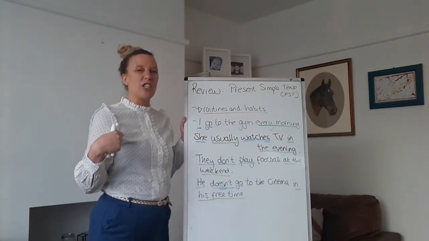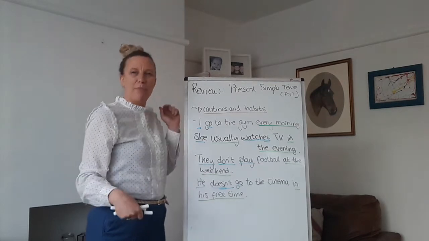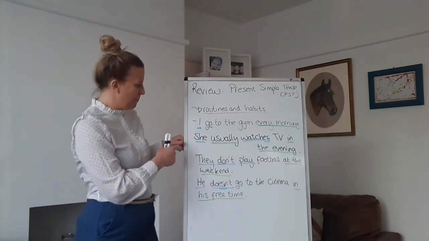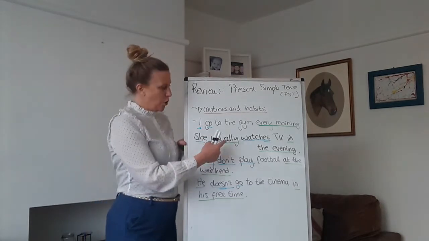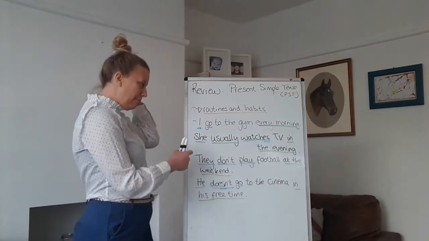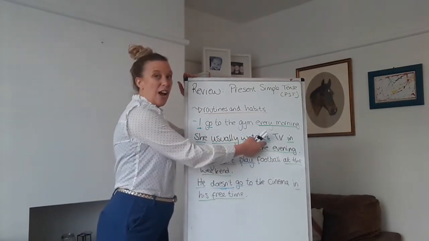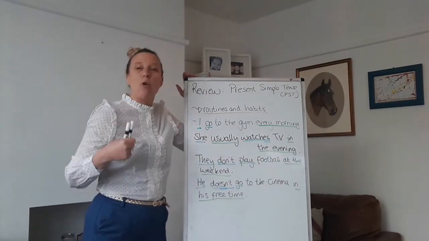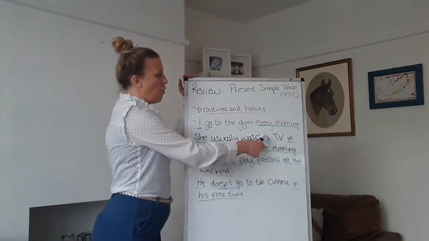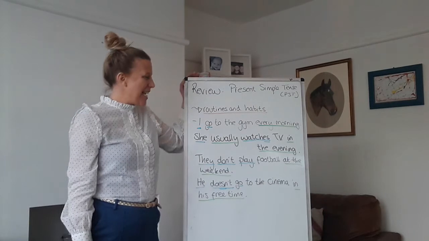We can put it at the beginning too. Every morning I go to the gym. Both are correct, so that's fine, whichever you choose. She usually watches TV in the evening. Remember, with she, he, or it, we add s or es or ies. So she usually watches TV in the evening.